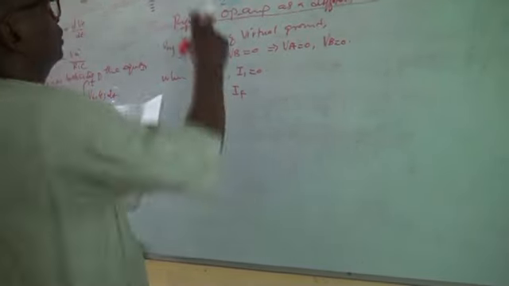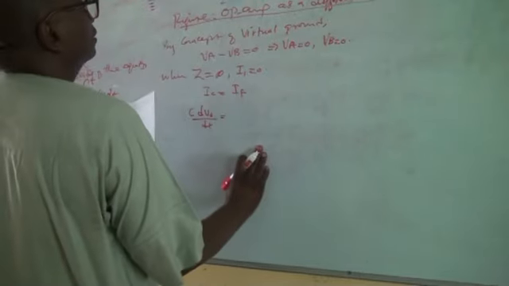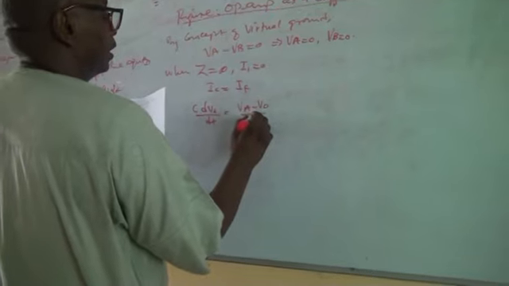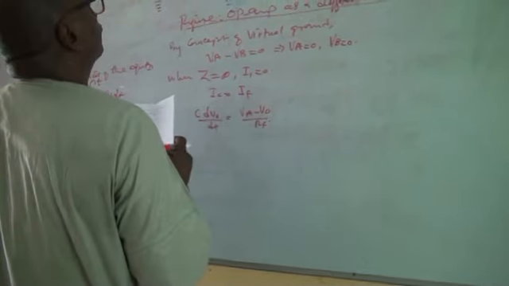IF will be VA minus V naught, right? Yes. VA minus V naught all over RF.